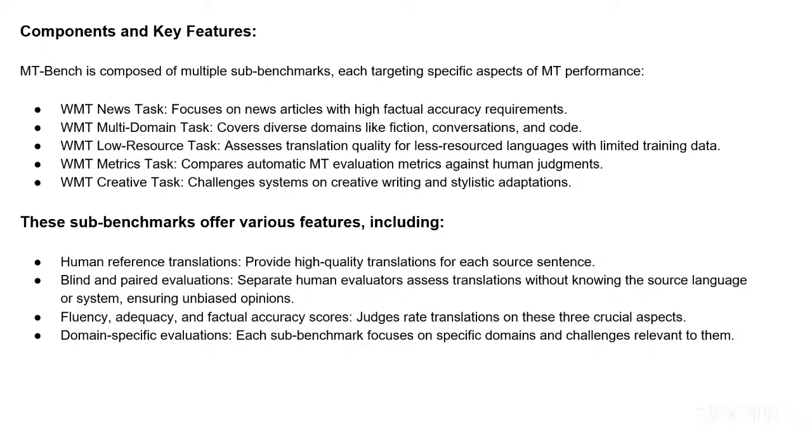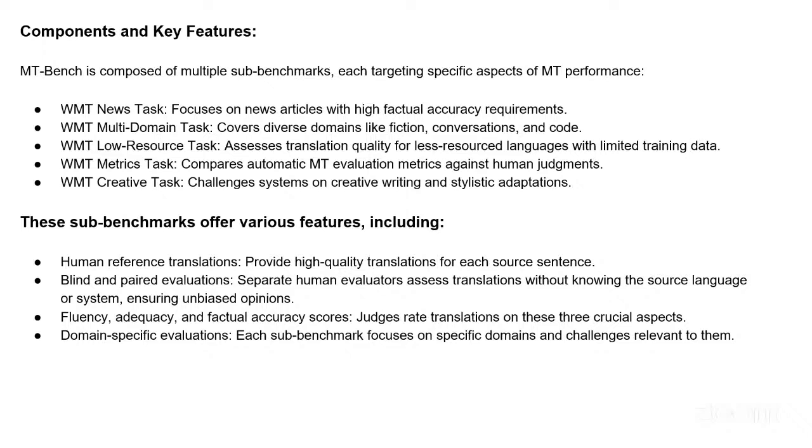These sub-benchmarks offer various features, which include human reference translations, which provide high-quality translations for source sentences. Then we have blind and paired evaluations, which let human evaluators assess the translations without knowing the source language or system, and it ensures that there is no biased opinion.